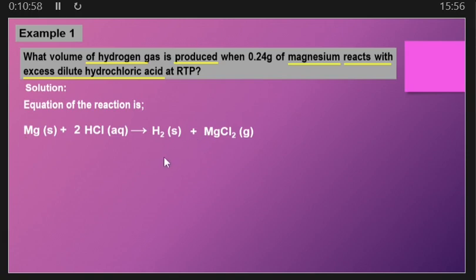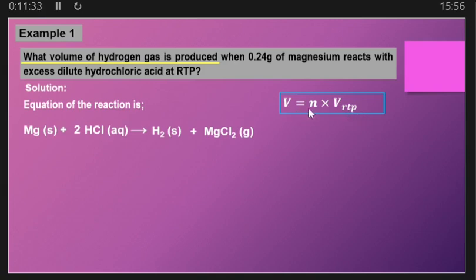So the next thing to do is to make sure that we know what we are doing. In this question, we are asked what volume of hydrogen gas is produced. So for us to be able to calculate the volume of hydrogen gas, we must know the formula to use. So the formula is V = n × V_RTP.